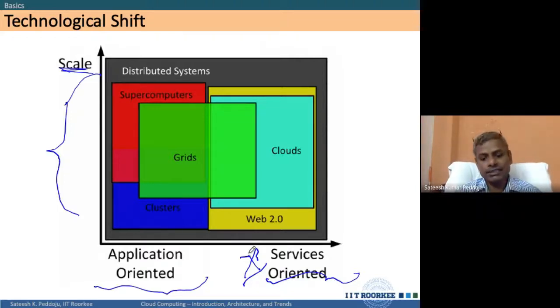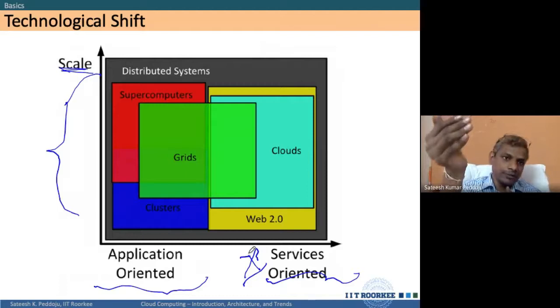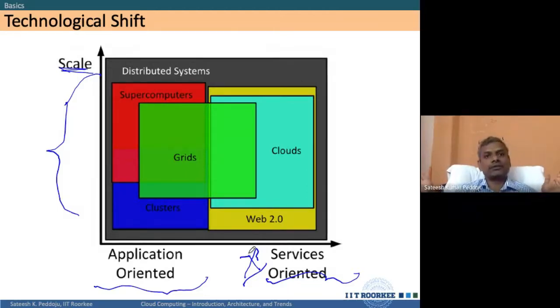But with a single system, access is easy. As the number of systems increases, how do I provide all these systems as a service to the people? Take a city-level computing system: how do I make it appear as if it is a single system? This strategy we call a single system image. You have to create these millions of computing systems as one single system, and there we talk of middleware and other components.